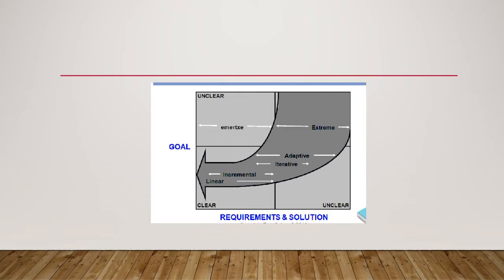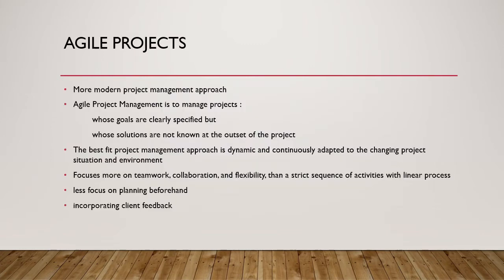It goes from one quadrant to the other. We have seen this in the previous videos. If you want more information about the project landscape, please go back and see my previous videos. So for today, it's agile projects.